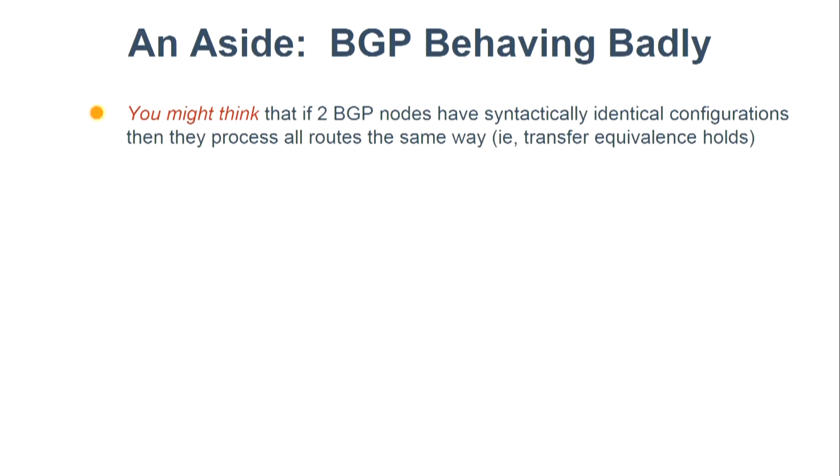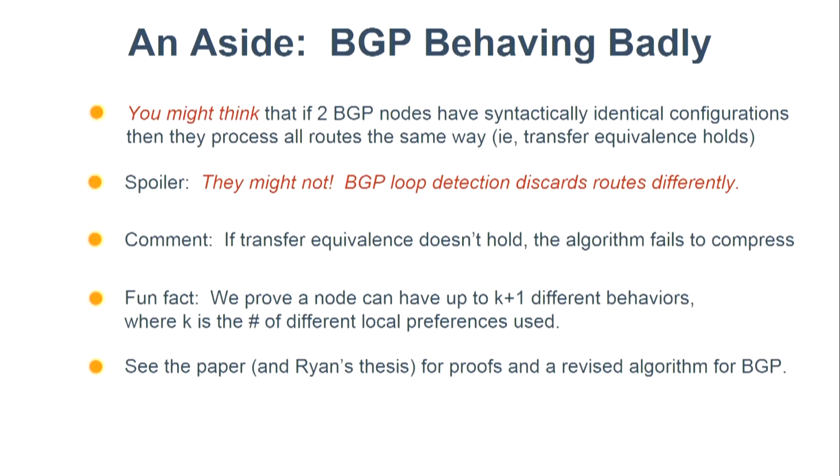Okay, as an aside, BGP is behaving badly, and my friend Jen Rexford tells me that this happens quite commonly. The problem is that you might think that if two BGP nodes have syntactically identical configurations, they process all message announcements that they receive the same way. But that's not true, because BGP loop detection discards routes differently in one node than another.